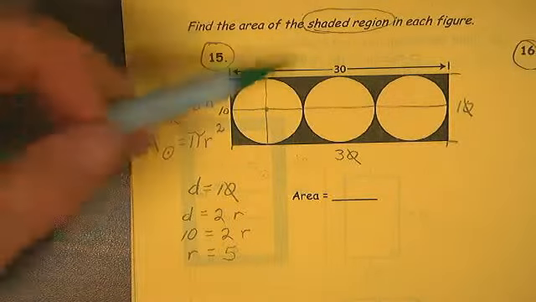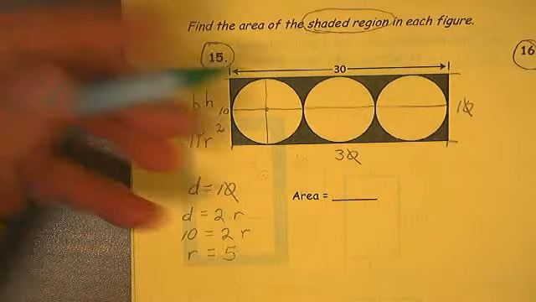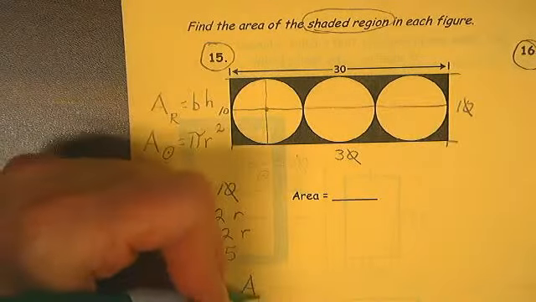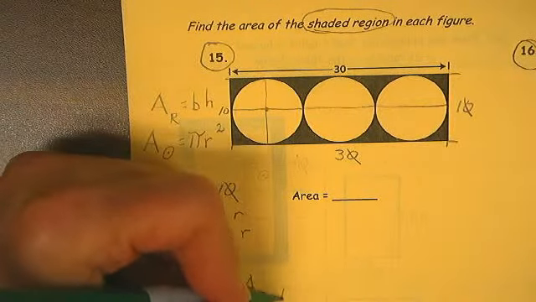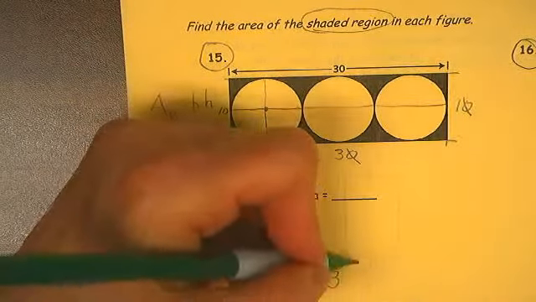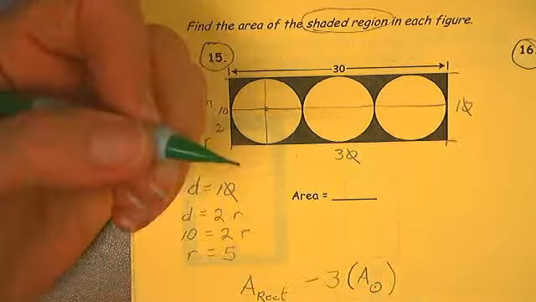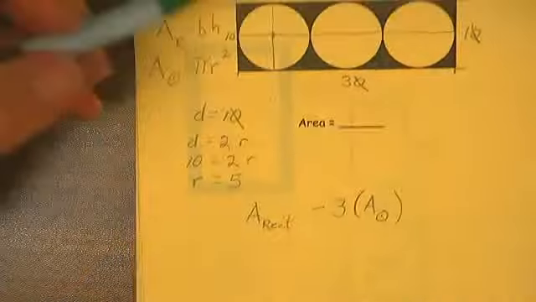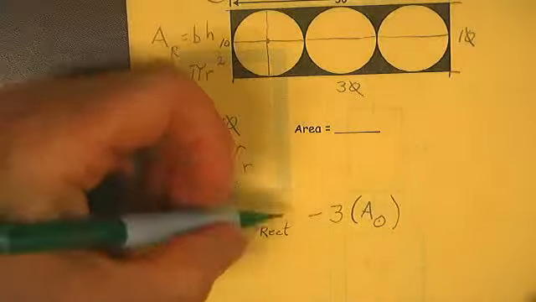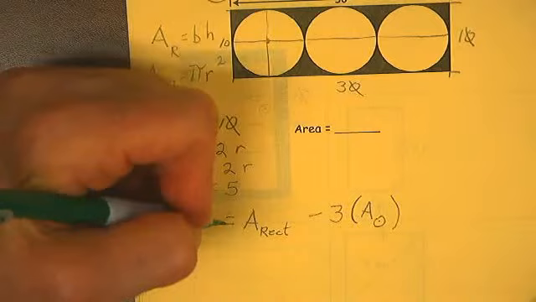Okay. The area of the dark shaded region is the area of the rectangle minus 3 times the area of the circle. The area of my rectangle is 30 times 10.